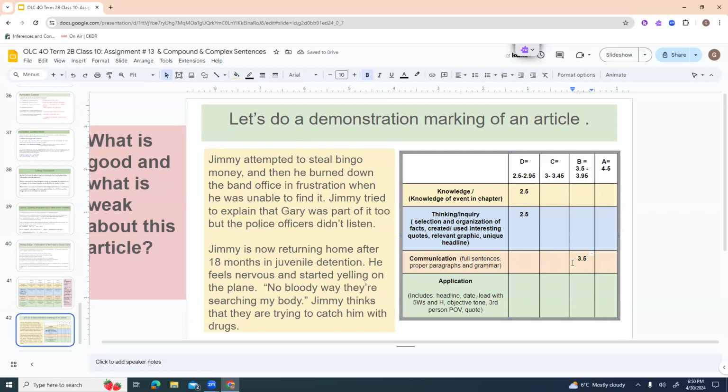Now, does it sound like a news article? Have I included a headline? Nope. Date? Nope. Does the lead have all the most important information, including the 5 W's? No, it's kind of hard to tell what's the most important here. Have I used an objective tone? No, not exactly, because I've started talking about his feelings and stuff, which I wouldn't normally do.